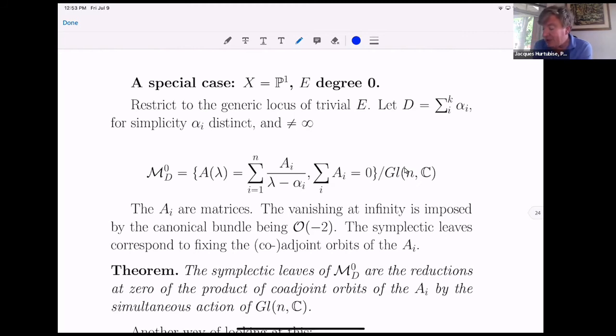And so now your Higgs field becomes basically a matrix valued function. So you fix a divisor, D, and for simplicity, I'll just take them to be distinct. And so you can write out, at least for this trivial E set, you can write these Higgs fields out very explicitly.